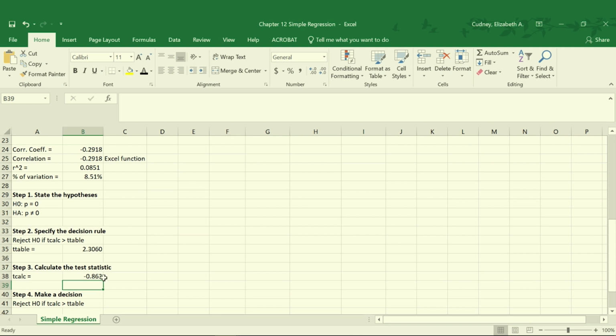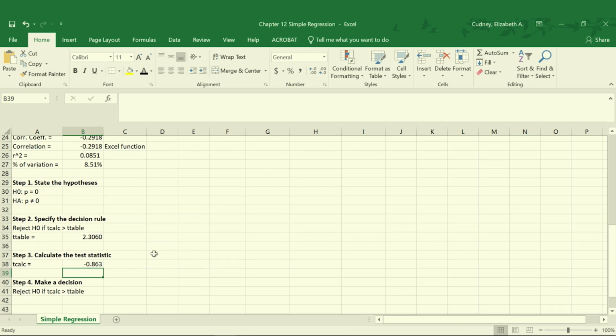So that gives us a test statistic of 0.863. Then we're going to make a decision using that based on the T calculation compared to the T table.